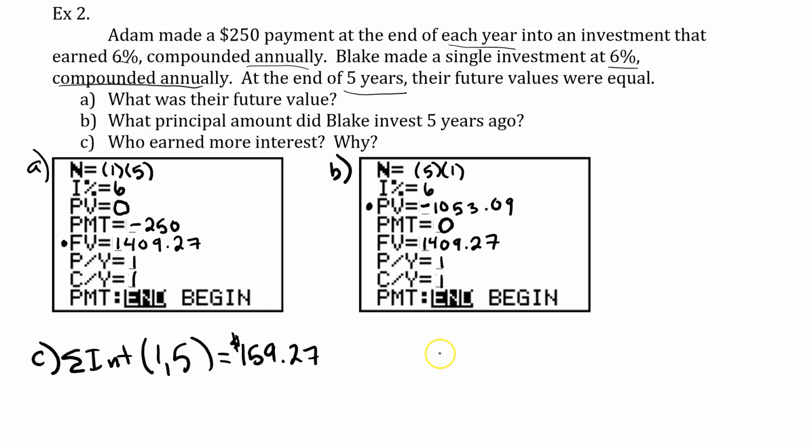So if I were to calculate the interest for Blake, I could use the sum int here, or I could just say 1,409.27 minus 1,053.09. That's totally fine. And just for the sake of difference, just to remind you that this can happen, I'm going to do that.